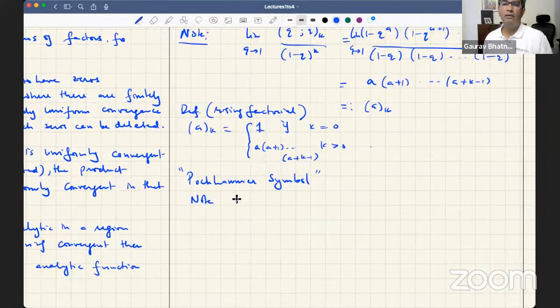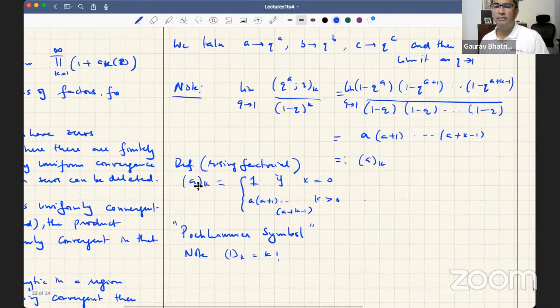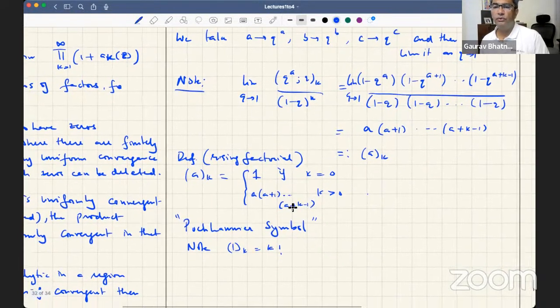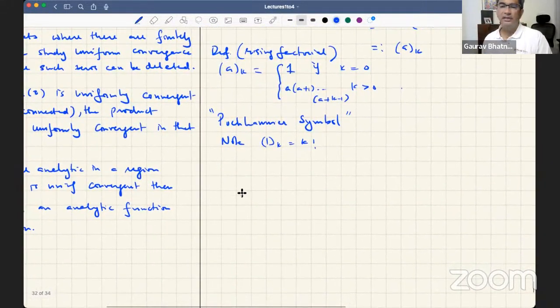Just note that (1)_k is k factorial, so this generalizes. When a is 1, then it's 1 into 2 into 3, and so on until k. So it's k factorial.